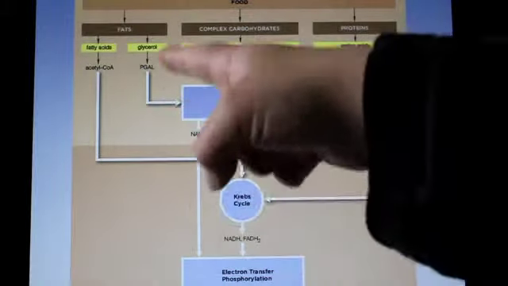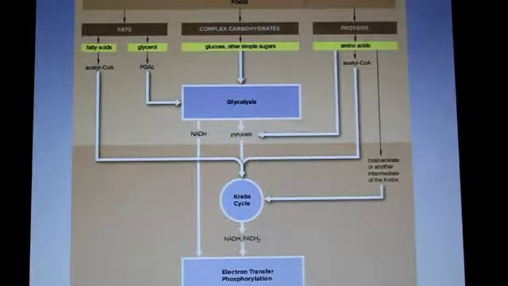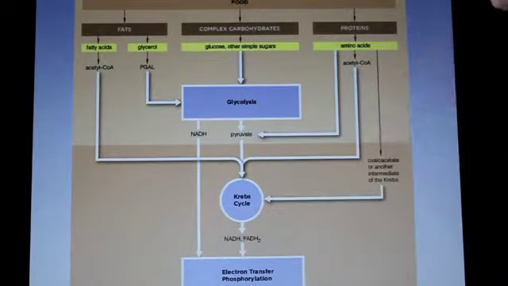Some glycerol gets made into PGAL and goes into glycolysis. All carbohydrates, boom, straight to glycolysis. Proteins can get made into pyruvate, they can get made into acetyl-CoA, and they can get made into intermediates in the Krebs cycle. So no matter what you eat, even if you're not just eating glucose, all of your food gets taken into this process.